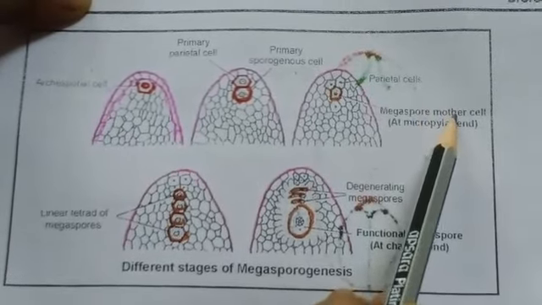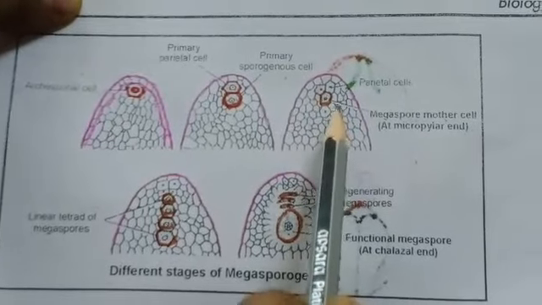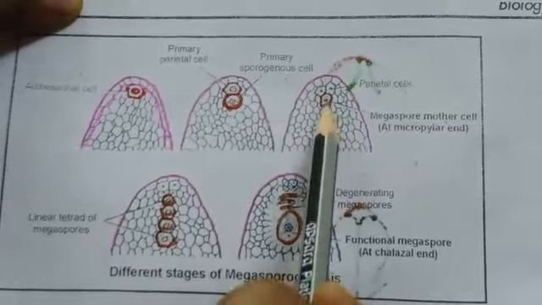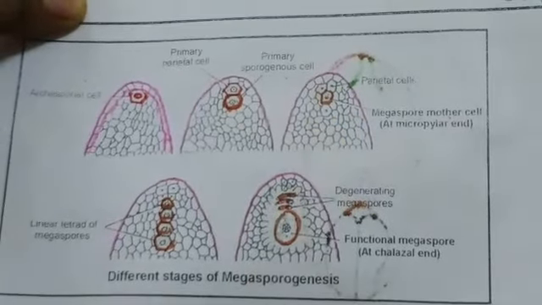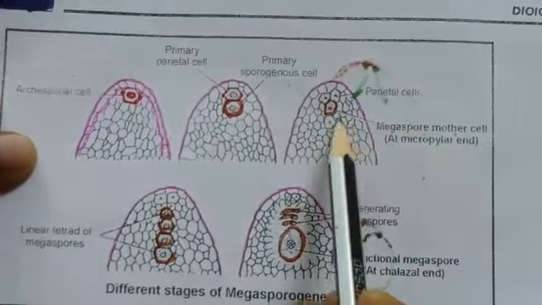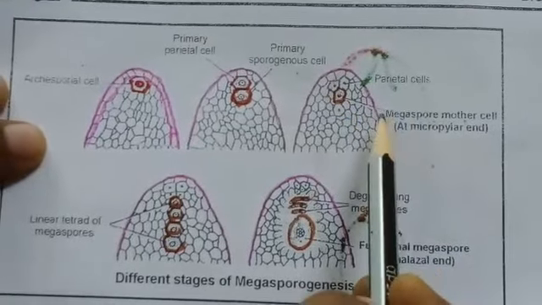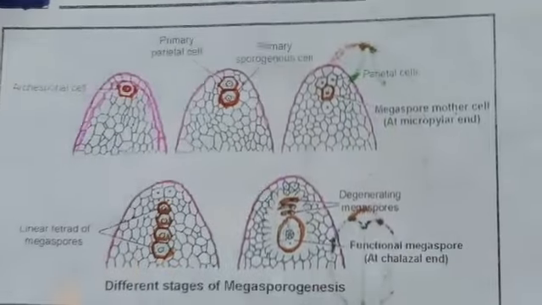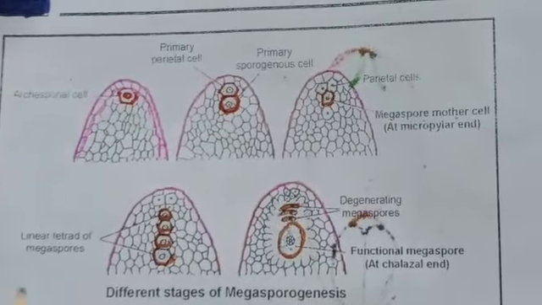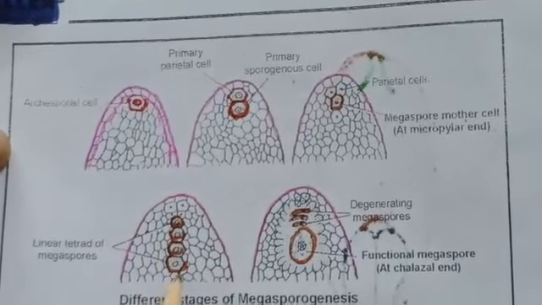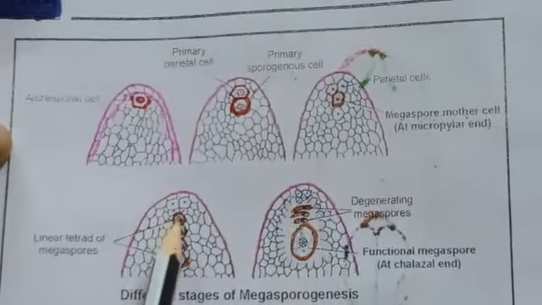Okay. And it is found in which region now? Micropylar region. And this megaspore mother cell divides meiotically and forms how many megaspores? 4 haploid megaspores. See, these 4 haploid megaspores are arranged in a linear tetrad.